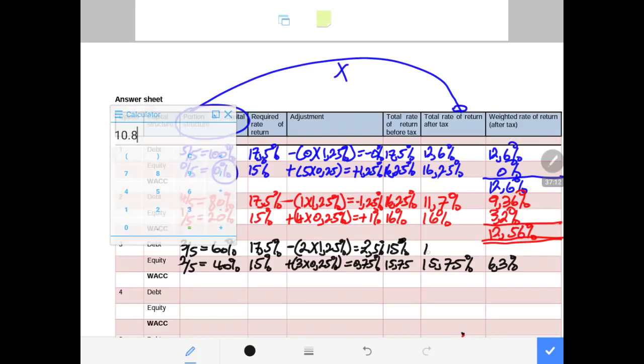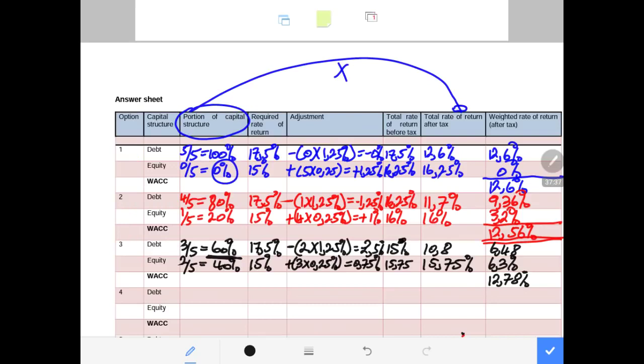This gives us the return after tax of 10.8. 10.8 times 0.6, which is the weight, remember. This gives us 6.48%. 6.48% plus 6.3%, we get 12.78%. So this is the third WACC in the third option that we might choose.